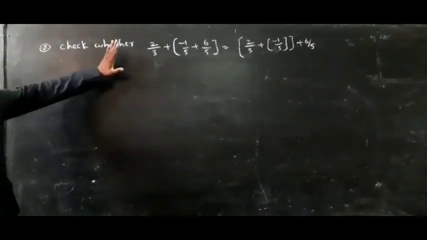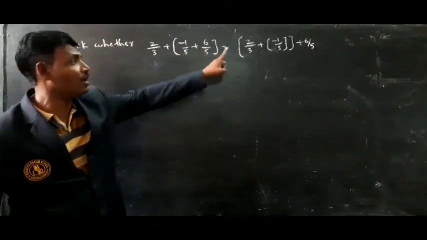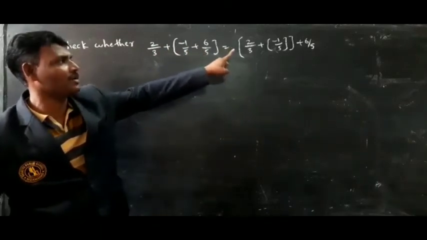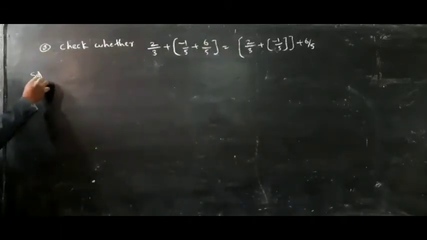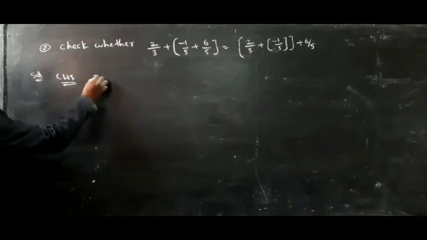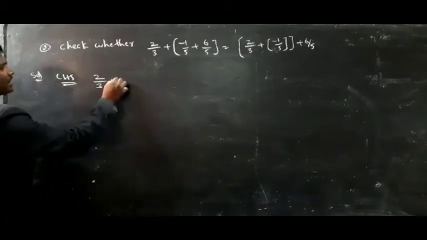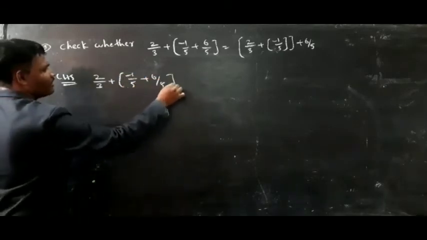Check whether 2 by 3 plus (half) minus 1 by 5 plus 6 by 5 is equal to 2 by 3 plus minus 1 by 5 plus 6 by 5. So to check the solution, first I am taking LHS. Here what is the LHS? 2 by 3 plus minus 1 by 5 plus 6 by 5.